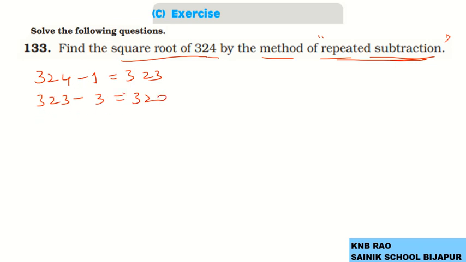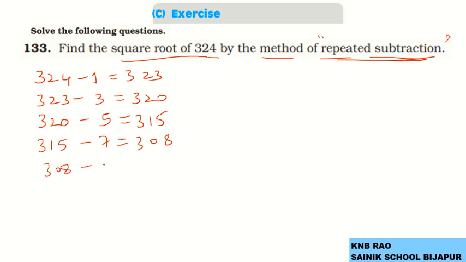From 324, 1 is subtracted. Next, from 323, 3 is subtracted. Now from 320, what is to be subtracted? Next odd number 5. We have to continuously subtract the odd numbers. From 315, 7 is subtracted, it results in 308.